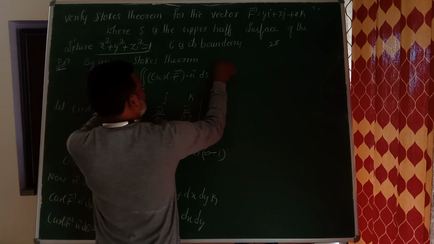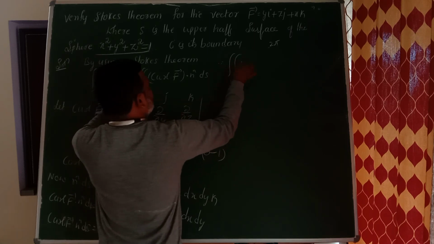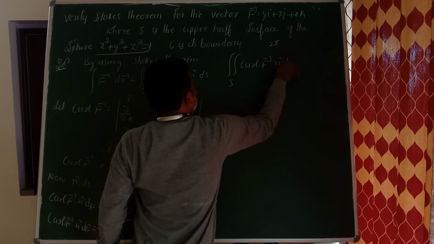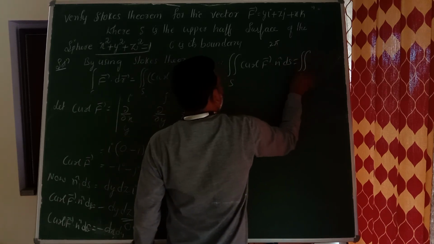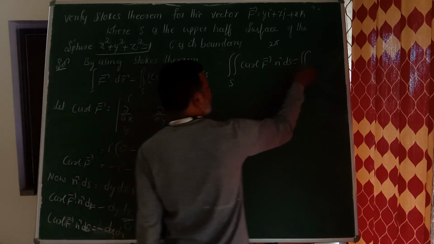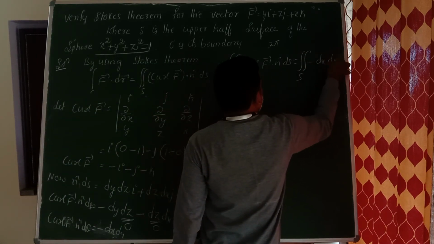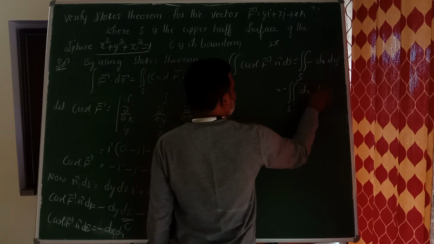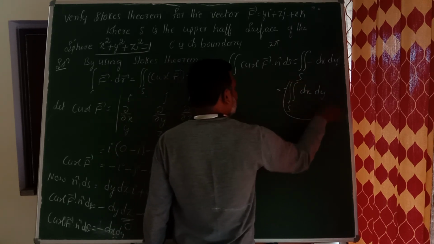What is RHS here? The double integral over S of curl F dot n cap ds is equal to the double integral over S of minus dx dy. If you take minus outside, the double integral over S of dx dy gives the area of the curve.